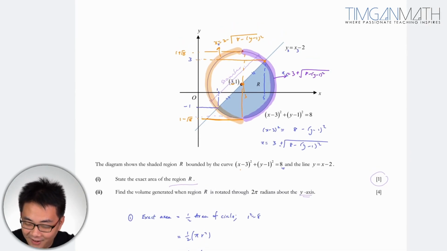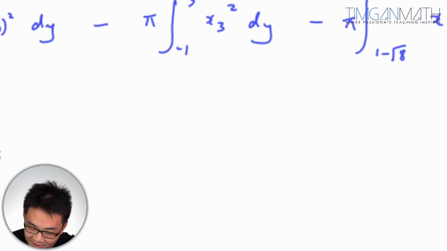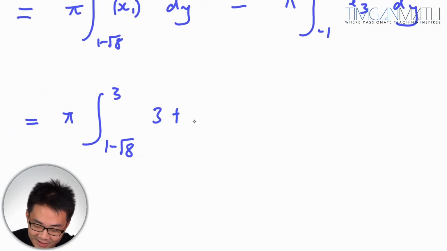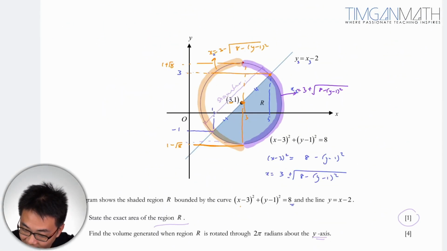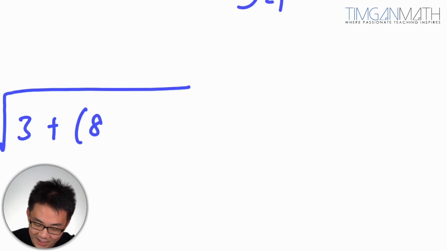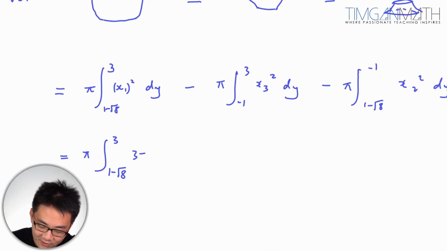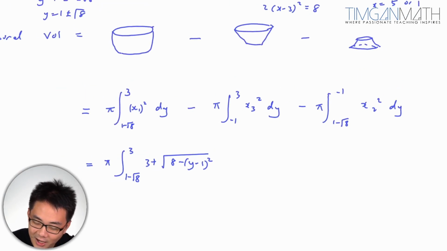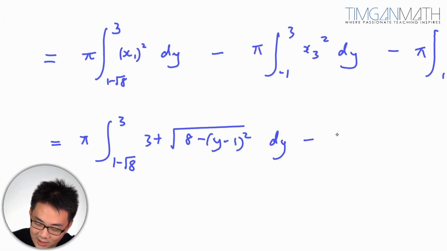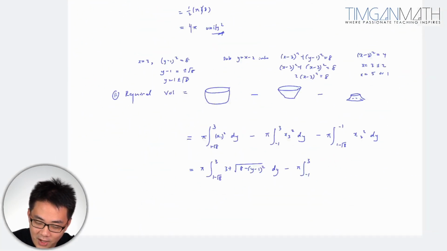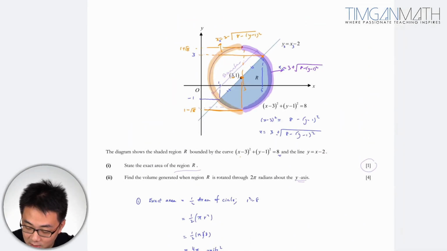So bad at this. Okay. 3 plus square root of 8 minus (y minus 1) squared, all squared, dy, minus pi from minus 1 to 3 x3 squared, x3 which is y plus 2.